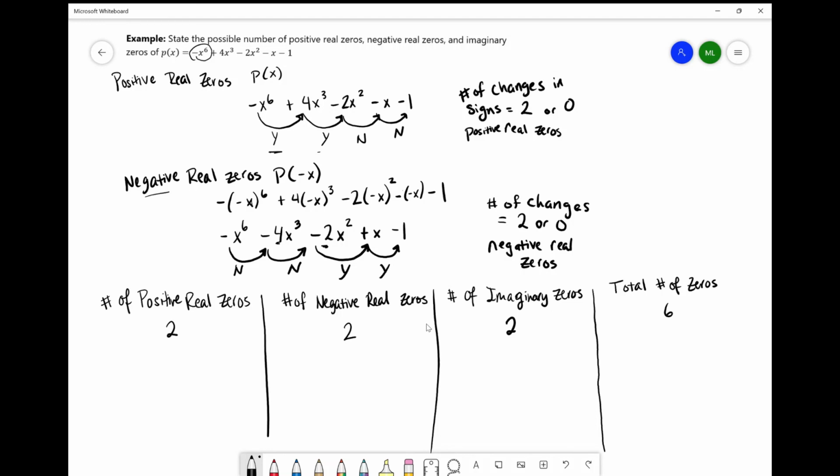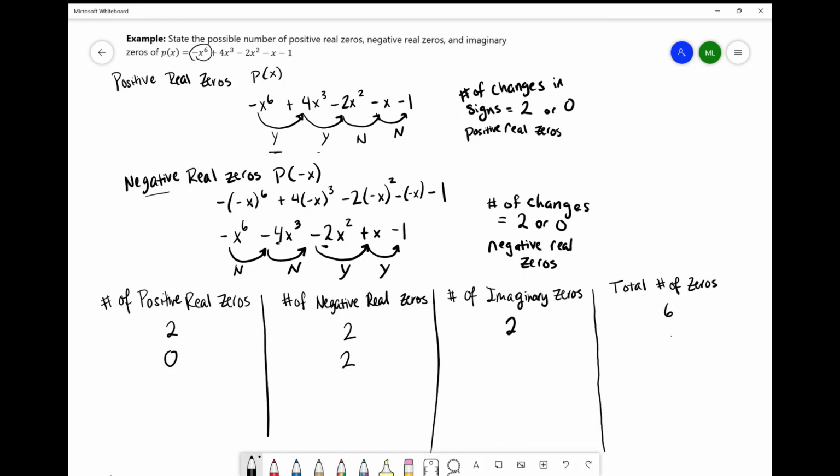Now the next combination, imagine we had 0 positive real zeros. Then it could mean that I have 2 negative real zeros, because this is a different combination. It does look like we're dealing with some probability over here. So, number of imaginary zeros.